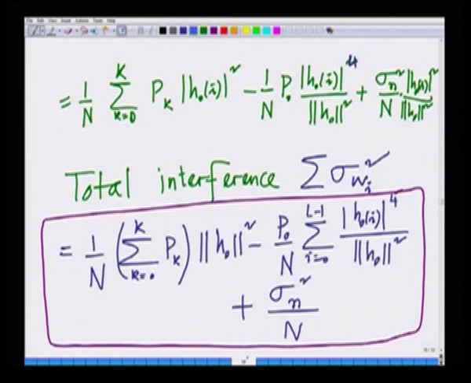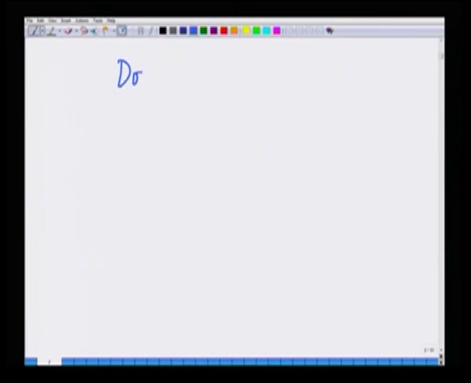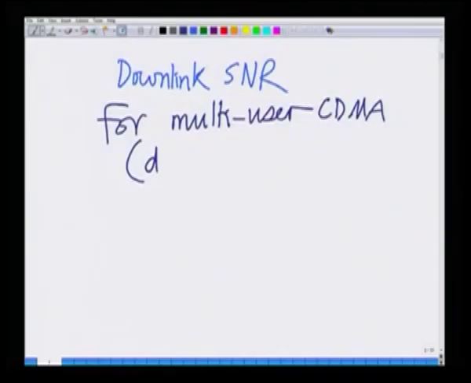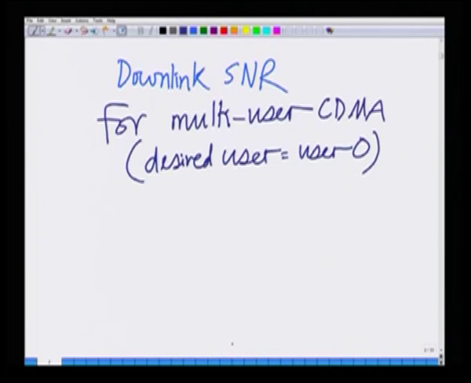So, the downlink SNR for multi-user CDMA is given as, we are considering the desired user as user 0.